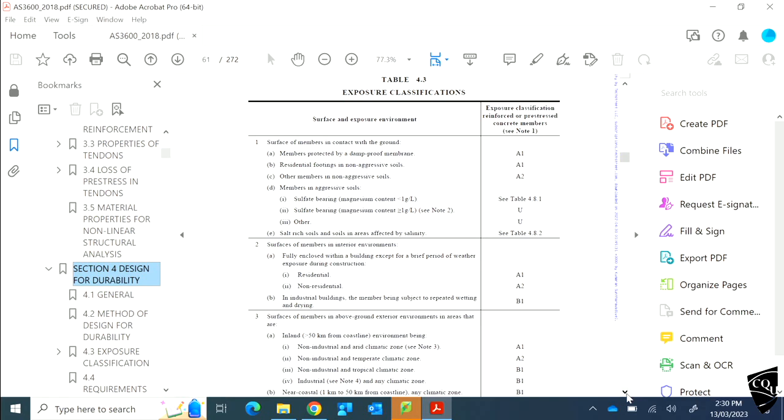So all these classifications are explained.